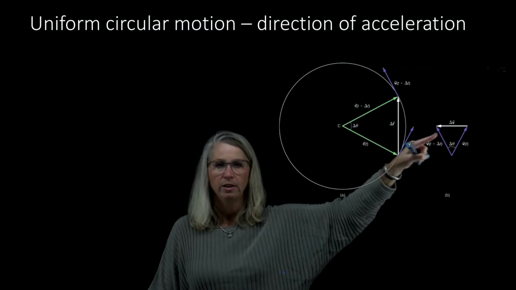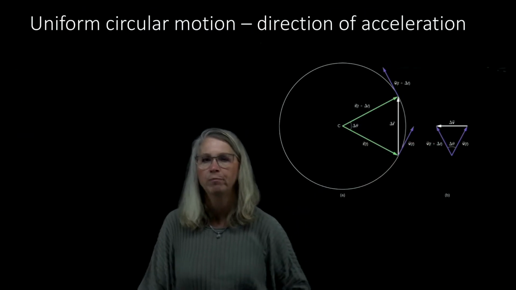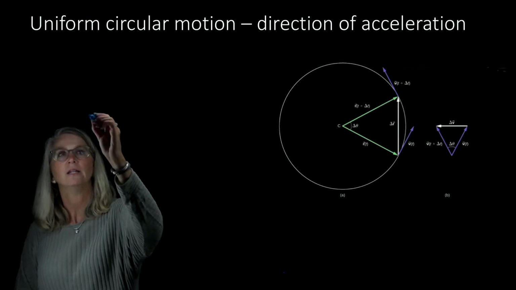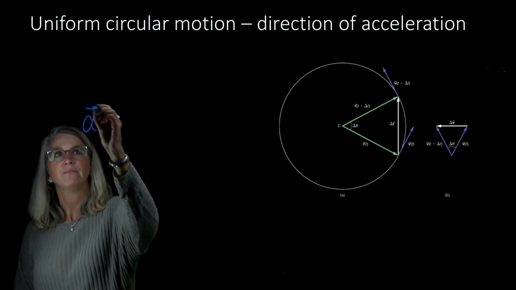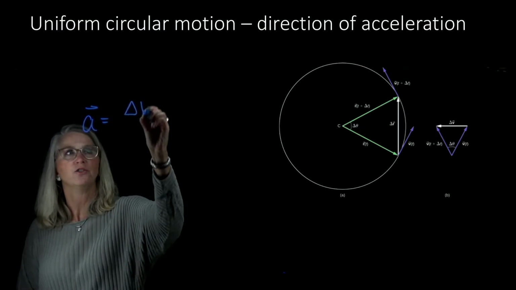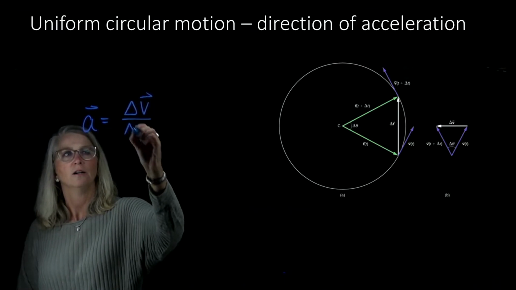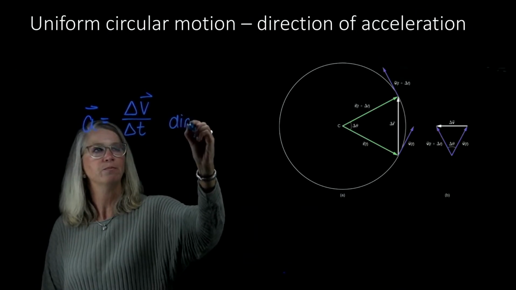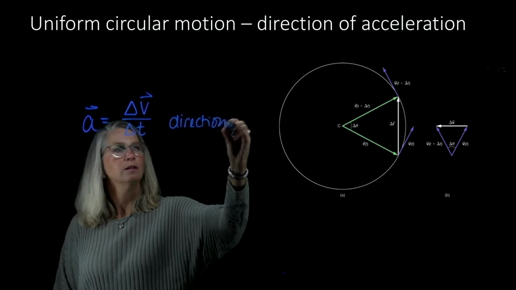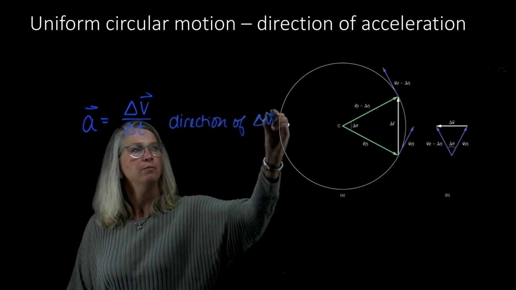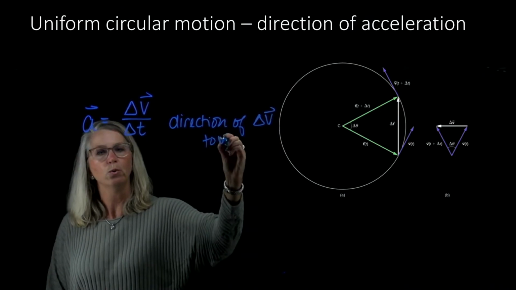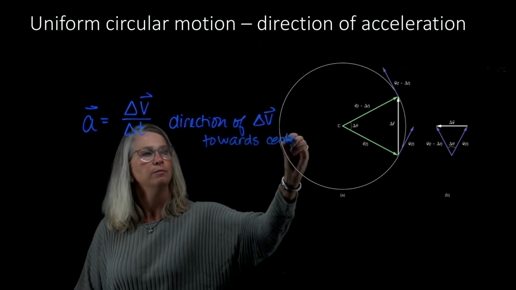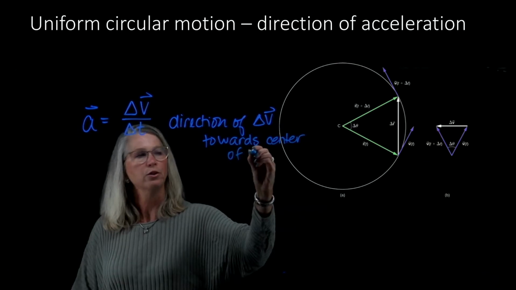Notice that the change in velocity gives the direction of the acceleration, so keep in mind that the acceleration is equal to the change in the velocity over the change in time. And so now we see the direction of delta v is towards the center of the circle.